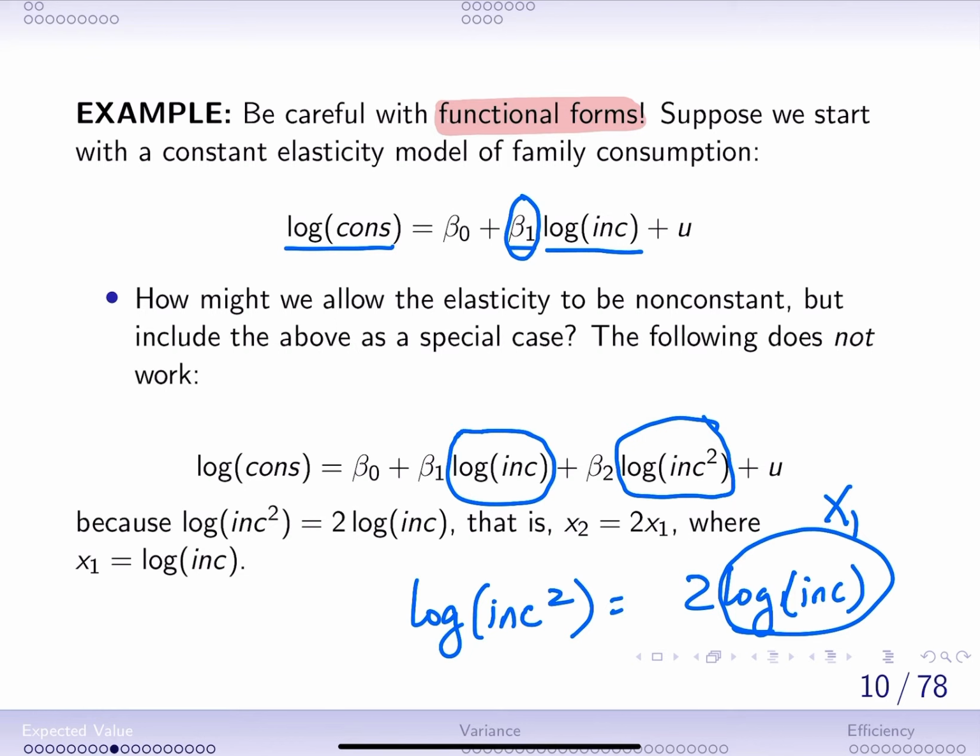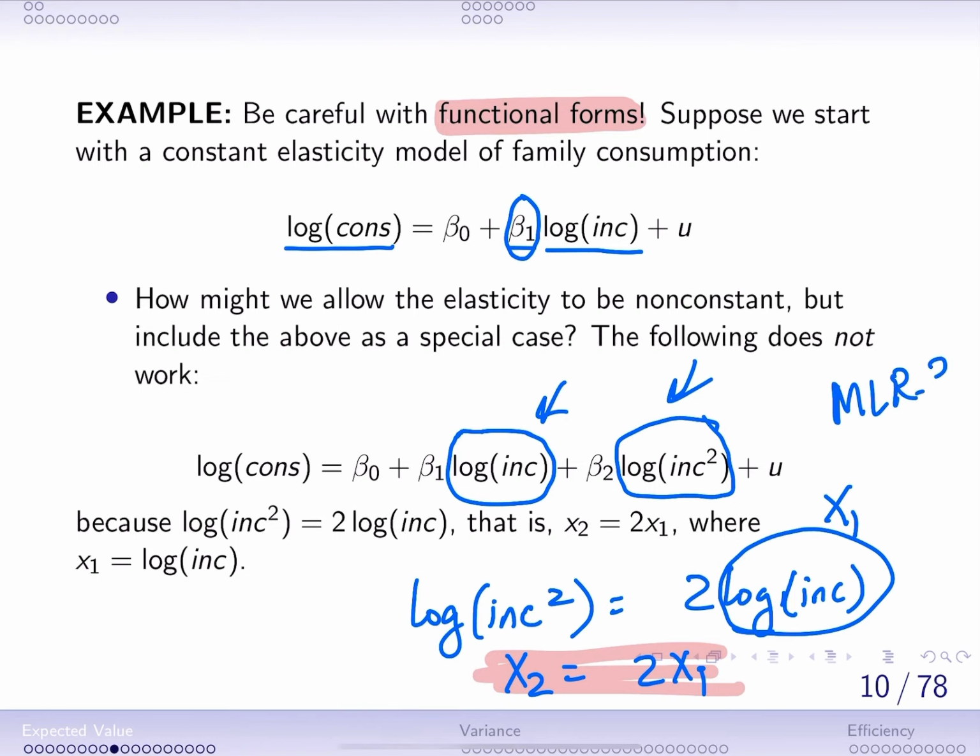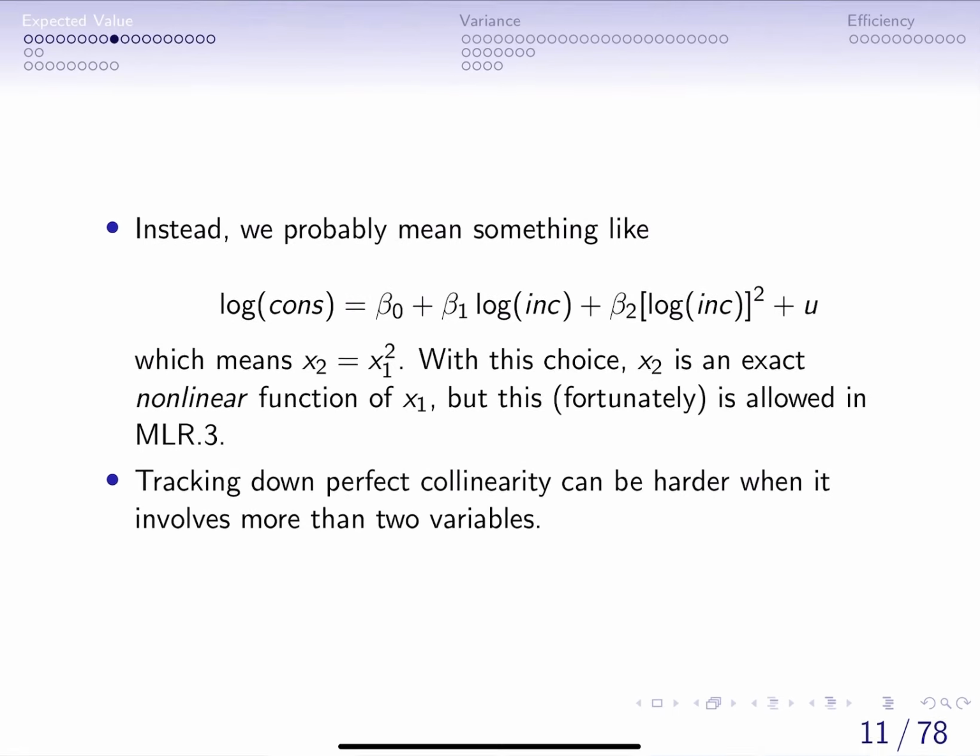So here basically what we're saying is that x2 can be written as 2 times x1. Again, this is telling us that these two variables are perfectly correlated. So we're in trouble. We have again violated this third assumption that we want to hold. So this is something you want to avoid.